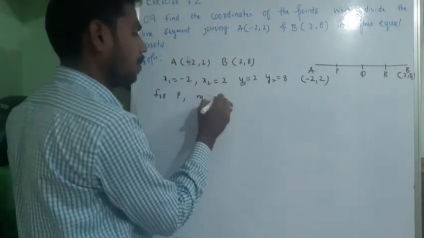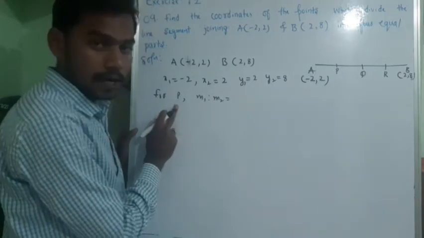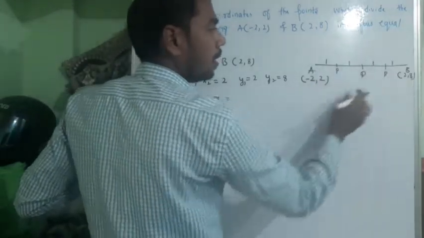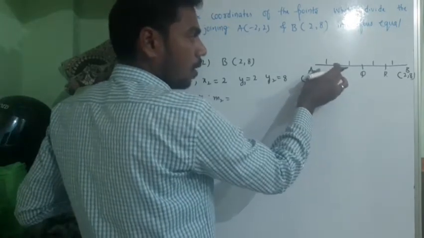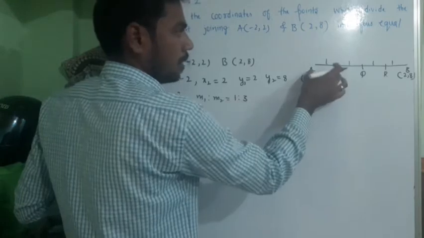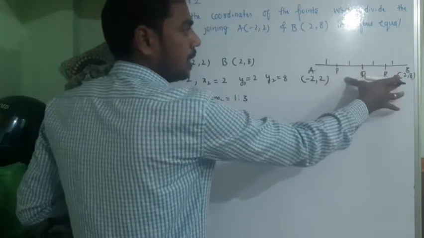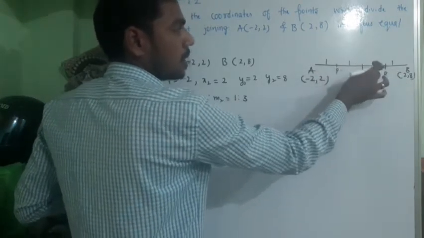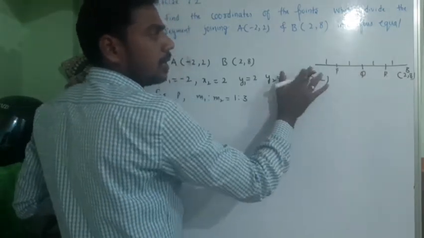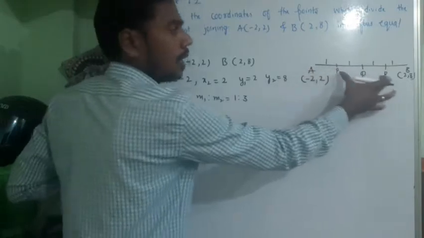Now, to find point P, M1 is to M2 for point P is 1 is to 3. This is 1, the total is 3, 1 plus 1 plus 1. P is going to divide AB in the ratio 1 is to 3.